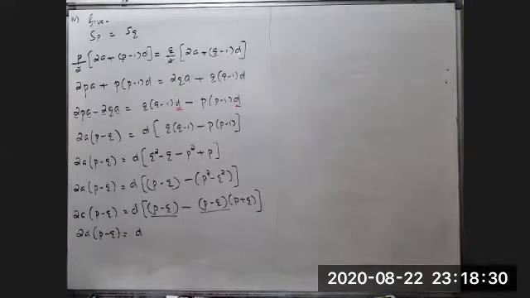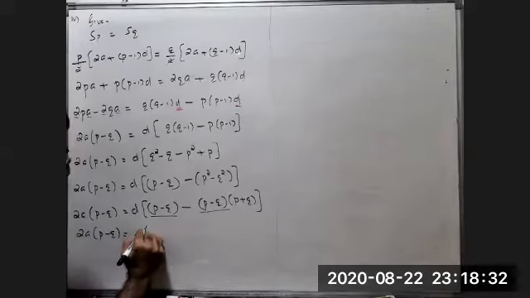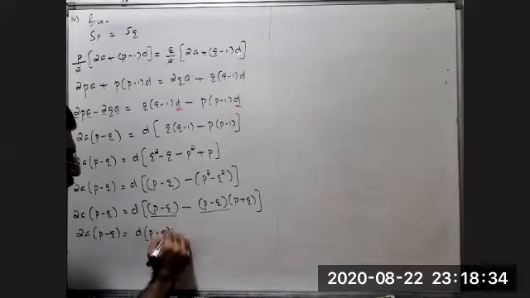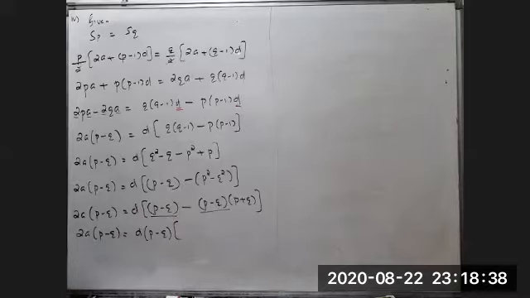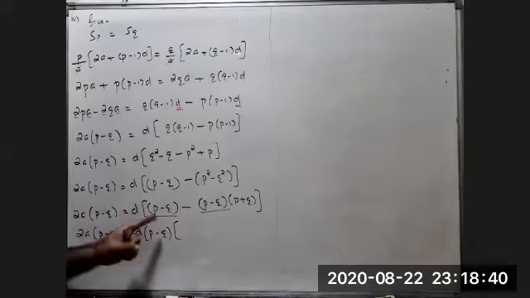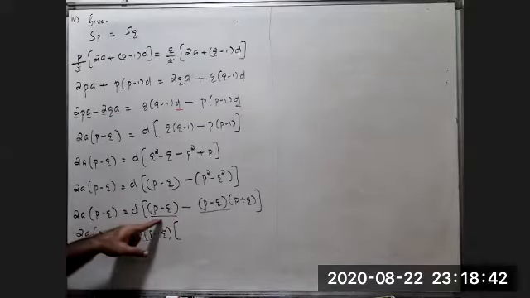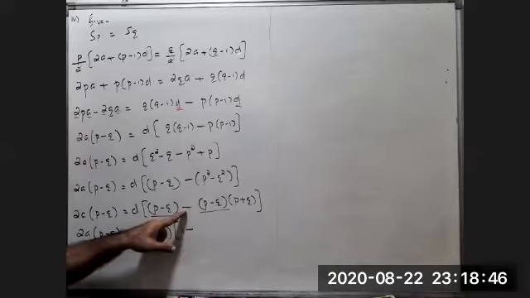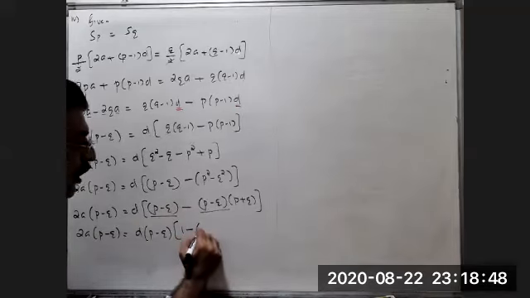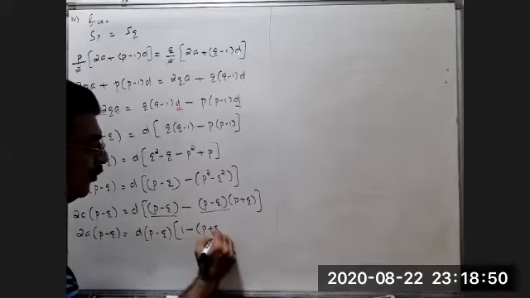I am taking that common factor P minus Q out. What is left out? Remaining is 1 minus, and from the other, remaining is P plus Q.